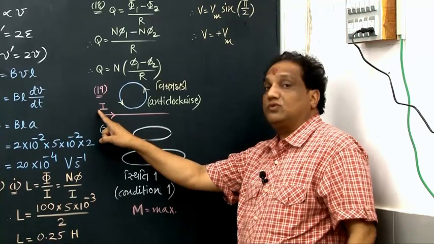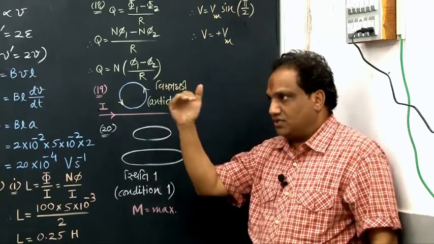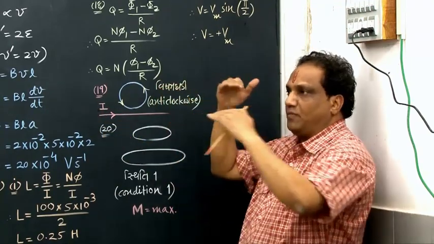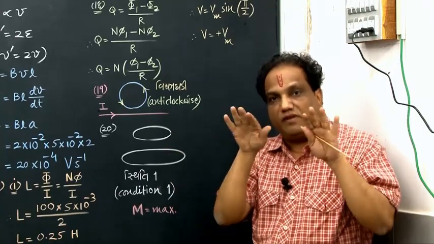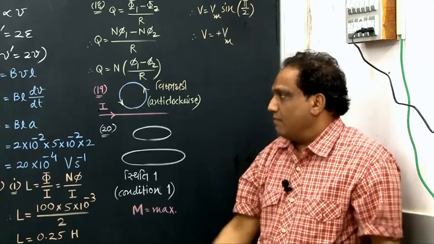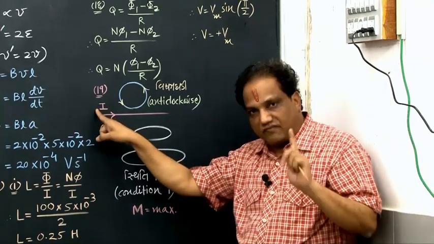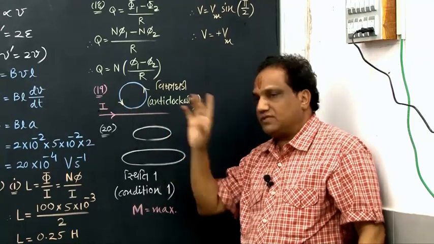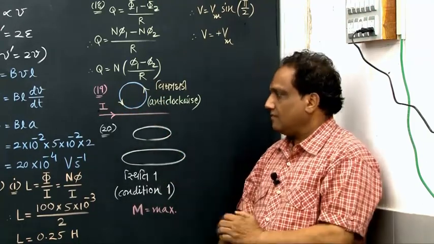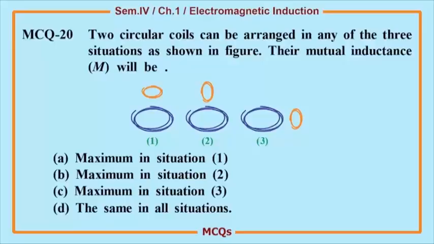The current passing through this wire produces magnetic field outside. So because they are opposite, they will subtract each other. Ultimately, resultant magnetic field will be less. Okay. But right now this current is decreasing with time. At that time, induced current will flow anti-clockwise. Okay, fine. Read now number 20.